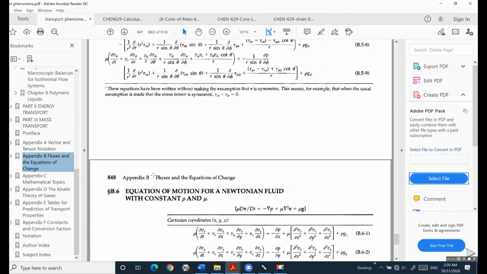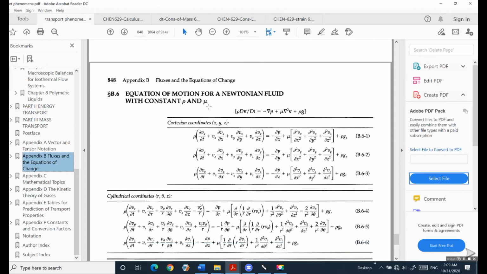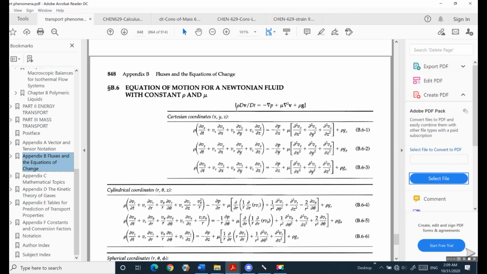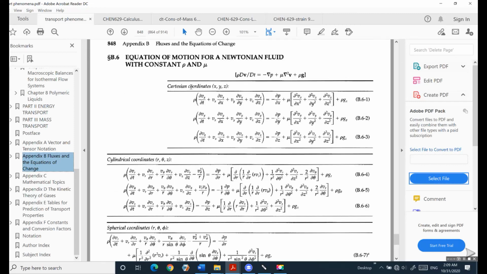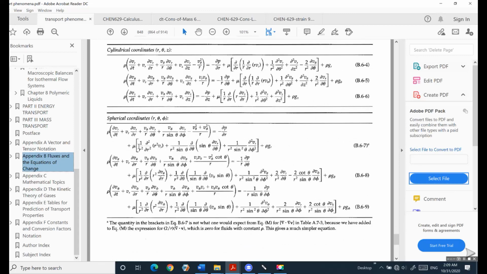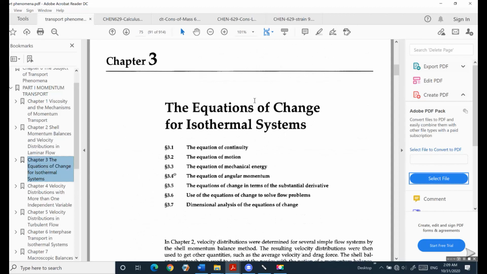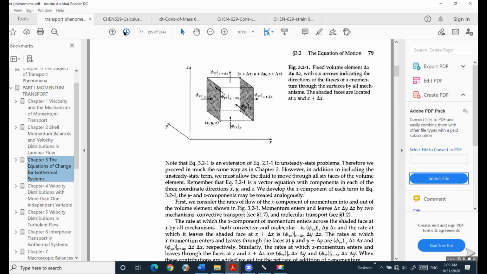And this is the equation of motion for a Newtonian fluid with constant rho and mu, which we obtained before, in closed form, and these are the open forms for Cartesian, cylindrical and spherical coordinates. Now let's move to the problem solution.